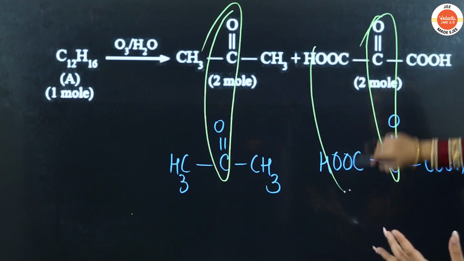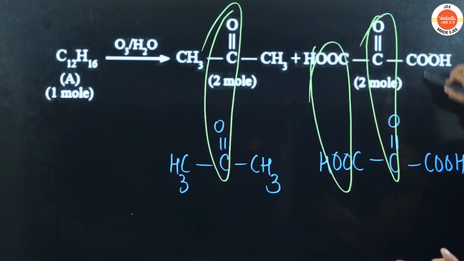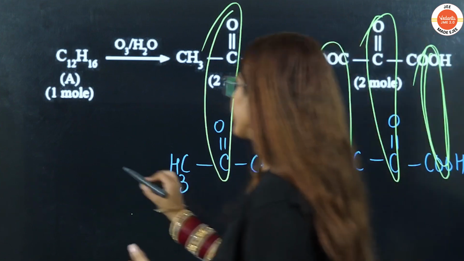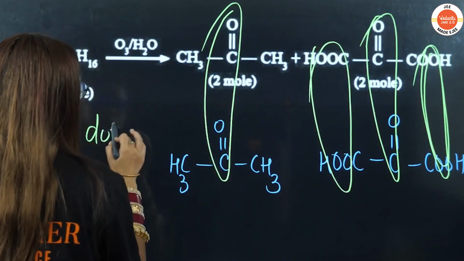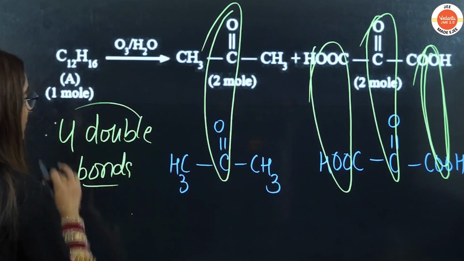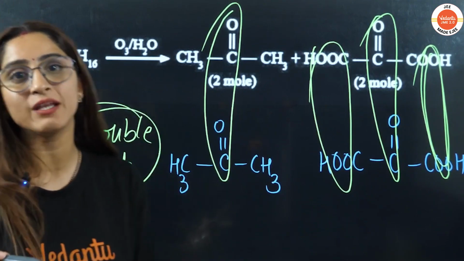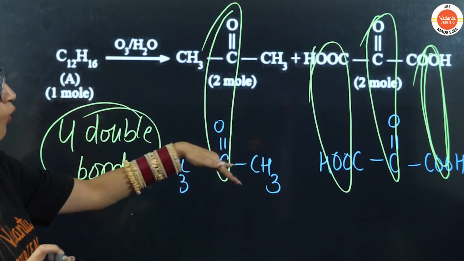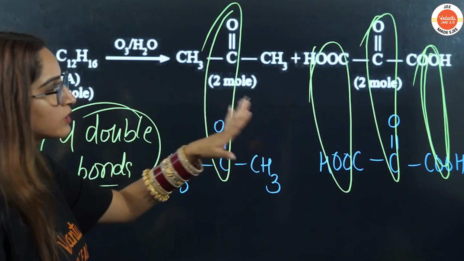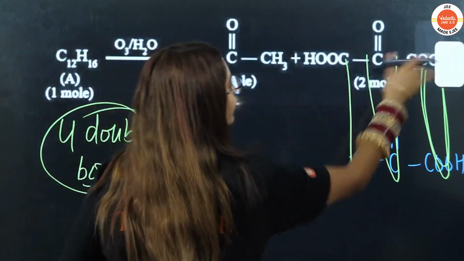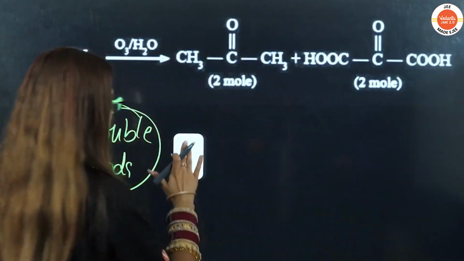You can have a double bond between these two, or you can have a double bond between these two. That is how you will get 4 double bonds. Drawing the structure will take time, so just write all the double bonds here. Then you can see how many double bonds you will have.